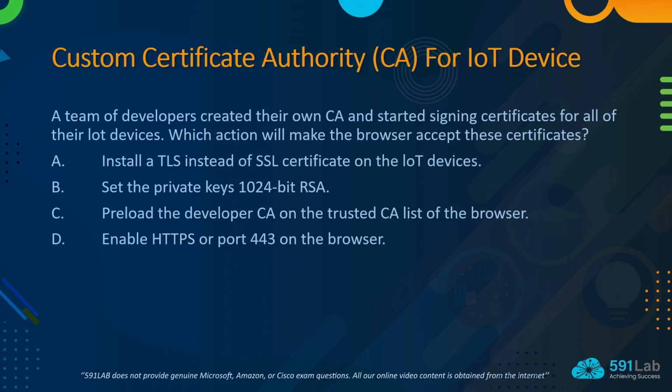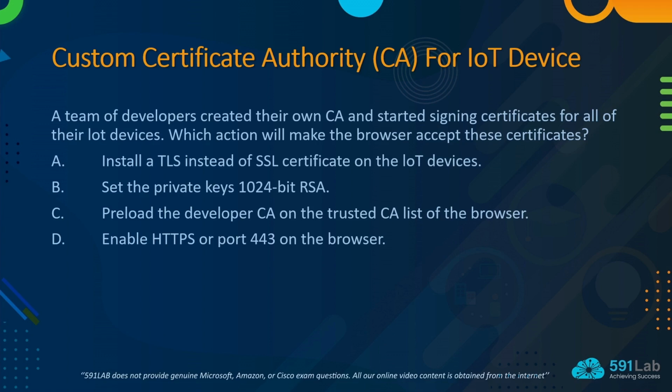Custom certification authority for IoT device. The question is, a team of developers created their own CA and started signing certificates for all of their IoT devices. Which action will make the browser accept the certificates?